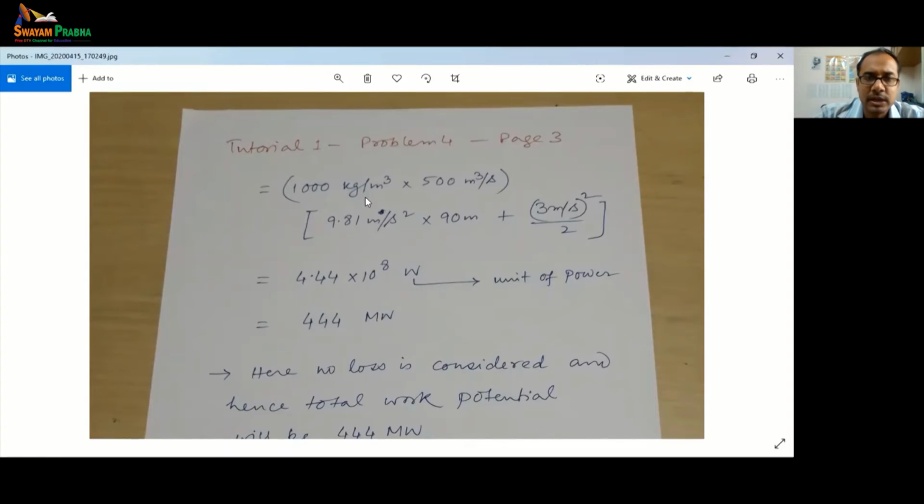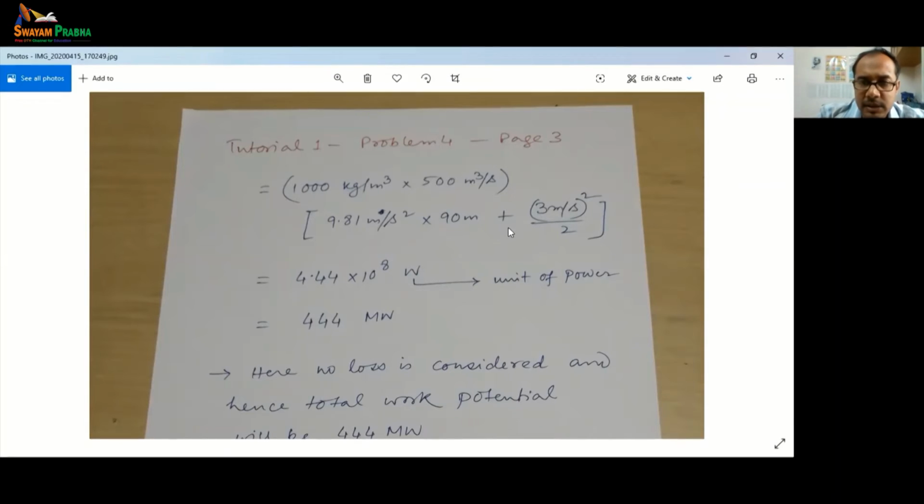This is 1000 kg per meter cube into the volume flow rate, which is 500 meter cube per second. In the parenthesis we have the gh, that is 9.81 meter per second square, into h, which is 90 meter. That's the height difference between the river surface and the lake surface.